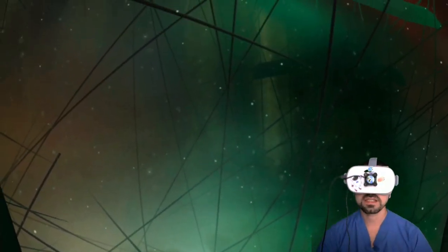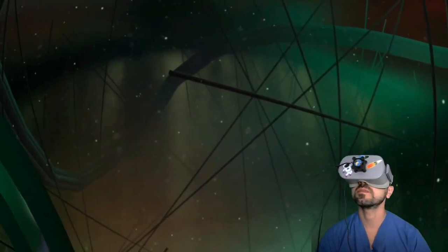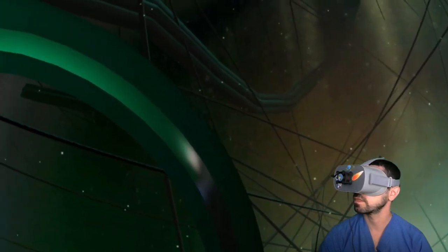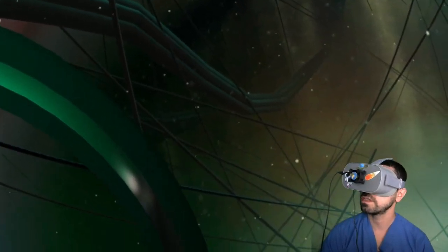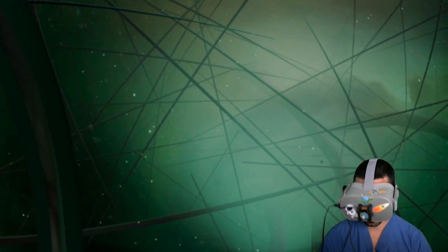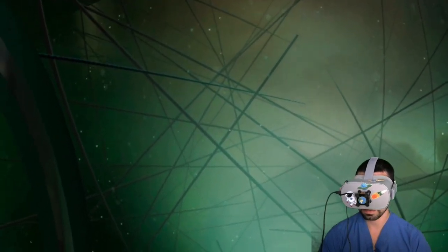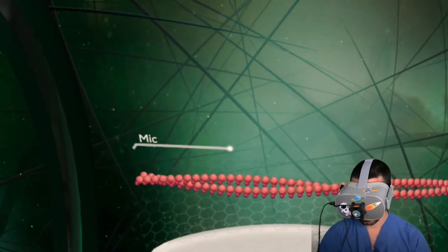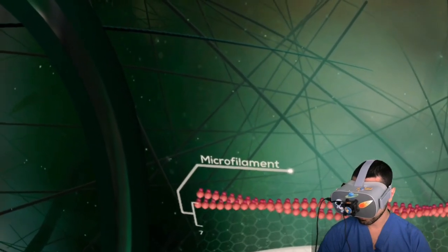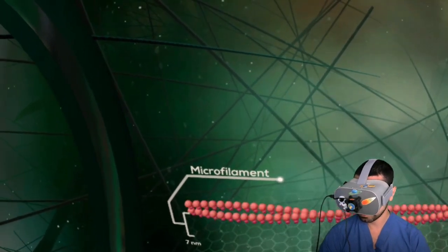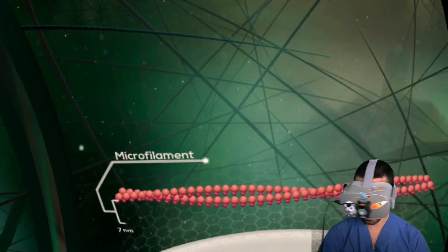The cytoskeleton of the cells is made of these strands. There are three different types of strands. They're called the cytoskeleton. These are microfilaments, which are the thinnest strands. These are about 7 nanometers in diameter.